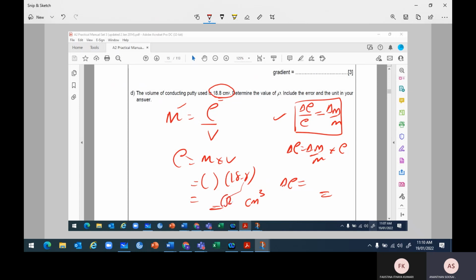So this is ohm per meter per centimeter, centimeter squared or centimeter? Centimeter squared, right? So finally, what's the unit? Ohm cm. The unit for the rho is ohm cm.